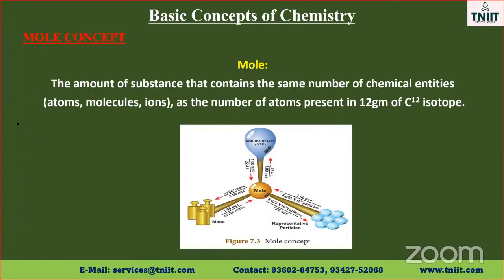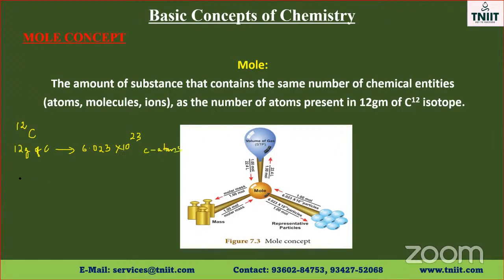Now, the atomic mass of carbon is 12. The stable isotope of carbon is 12. So if we take 12 grams of carbon, it will contain 6.023 into 10 to the power 23 carbon atoms.